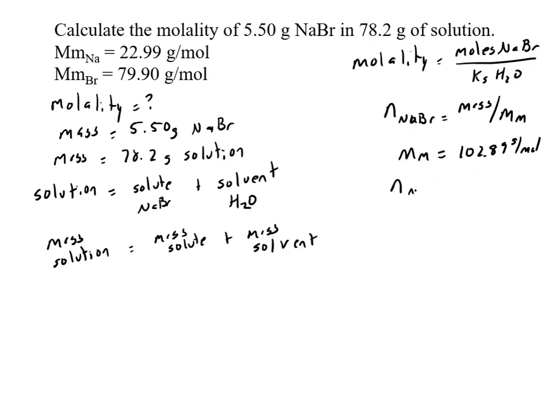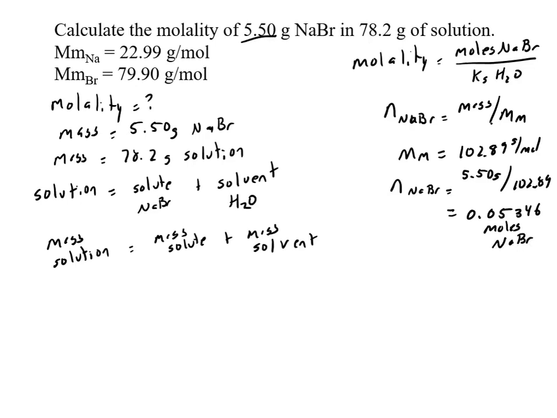So my moles of NaBr is going to be the 5.50, which was given. It's right here. Grams divided by the 102.89 grams per mole I just calculated. And I get 0.05346. And that's moles of NaBr.